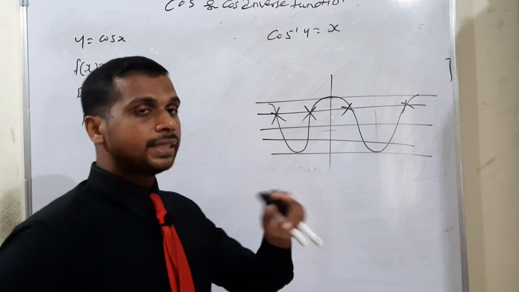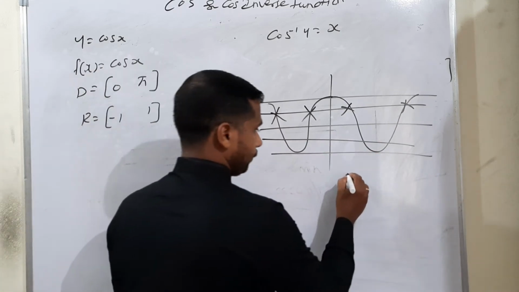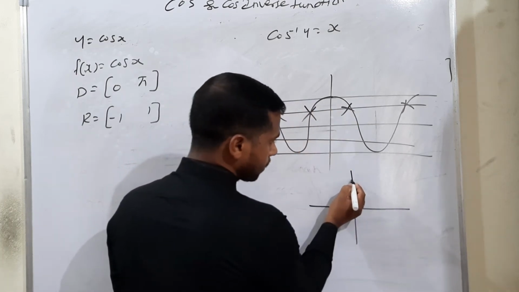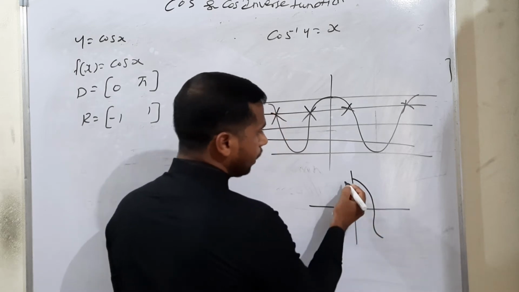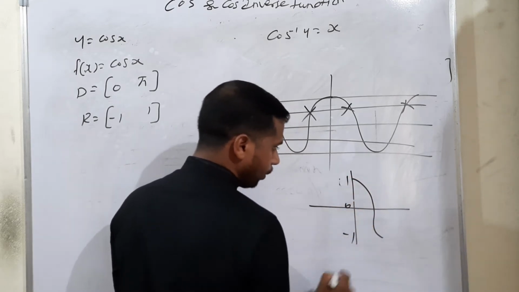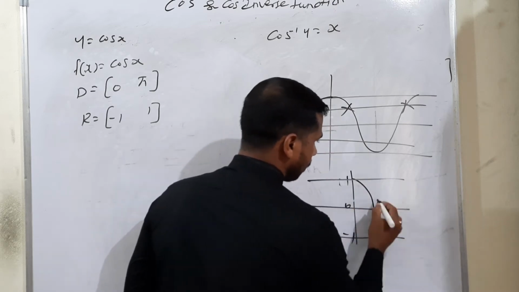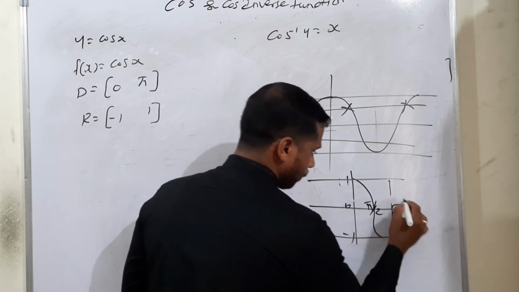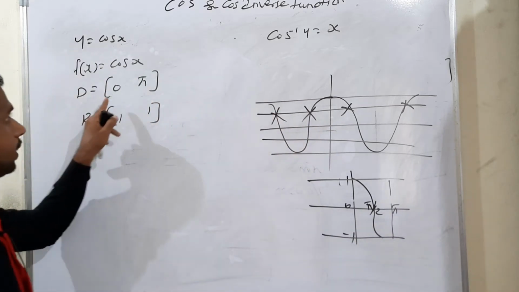But it is 1 to 1 if you take the particular interval 0 to pi. Starting with 0 to pi, the values are positive 1, 0, negative 1. This is pi by 2, pi. That's why we are saying the domain is 0 to pi.